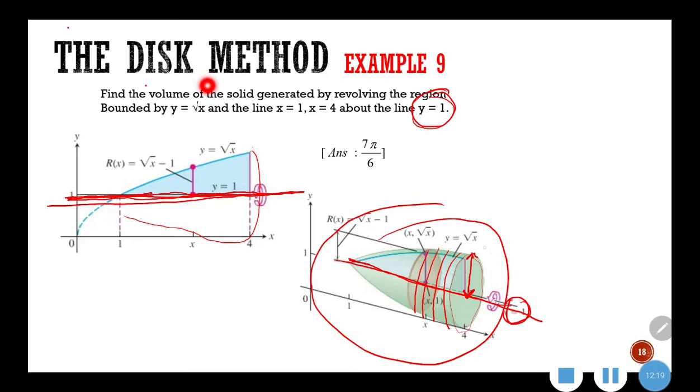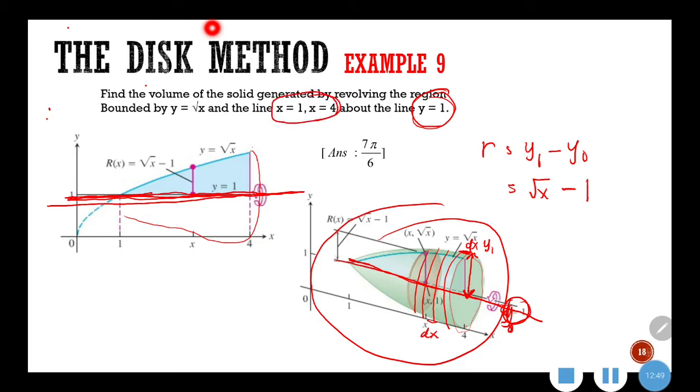So the radius now is y1 minus y0. Now, y1 is still square root x, and y0 is equals to 1. Nampak tak? Dia punya ketebalan or height here is still dx.